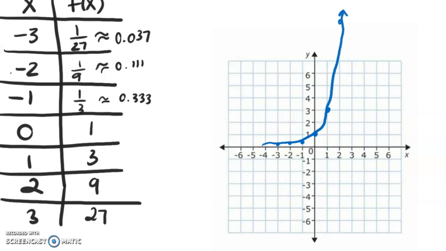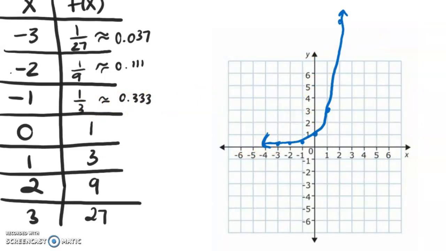So an exponential graph is not a straight line. It gets closer and closer to 0, and it rapidly increases as I go to the right. So it's going to look something like this. And exponential graphs will have this rapid increase, rapid growth.